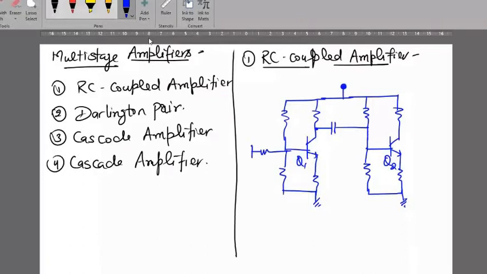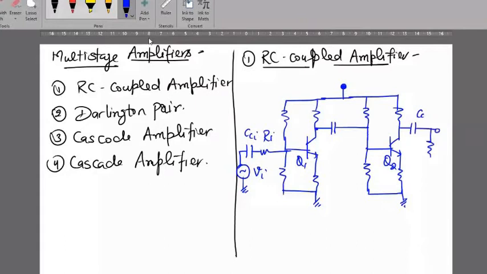This is the input, this is Vi, this is Ri, this is CCI, and here we collect output. This is also a coupling capacitor at the output, and we take output at the load resistance RL.